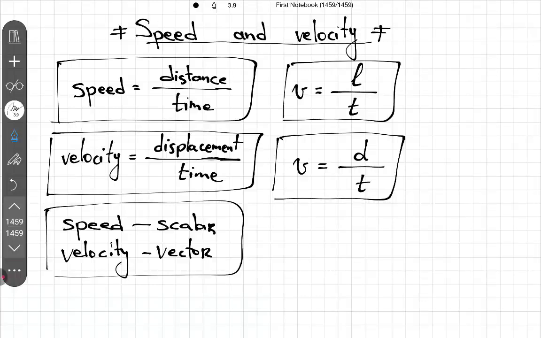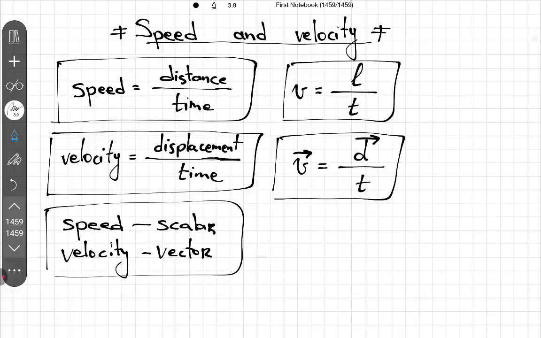So it means that speed has only magnitude, but velocity has magnitude and direction as well. To represent vector quantities, we use arrows above the letters. So velocity is a vector quantity and displacement is also a vector quantity because it has direction.